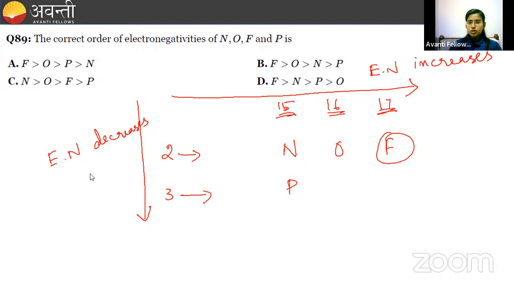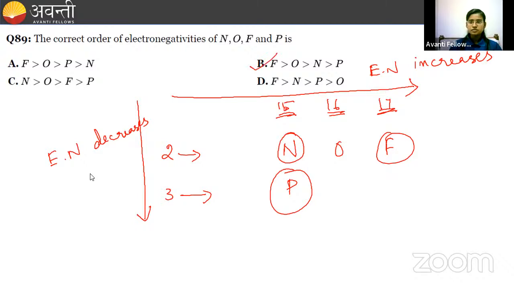So oxygen is also given in the second place in option A and B. Next, on moving down the group, it decreases, right? So if I compare nitrogen and phosphorus, nitrogen will have the higher value because it decreases. So phosphorus will be least electronegative in nature. So first fluorine, oxygen, nitrogen, and then only phosphorus. So option B is the correct answer for this question.